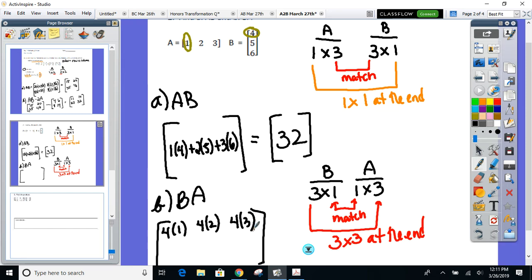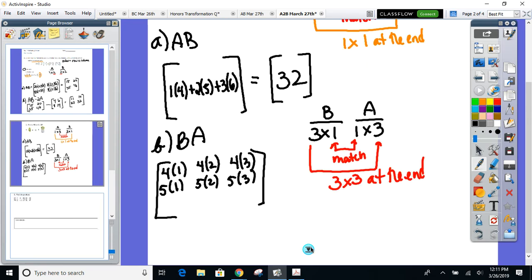Ready? Row 2. Now there's a 5 in row 2. So it's going to be 5 times 1, 5 times 2, 5 times 3. Just keep saying to yourself, guys, row 1, row 2, column 1, that's got to go in that spot in the ending matrix. And then finally, you guys can probably guess, 6 times 1, 6 times 2, and 6 times 3.